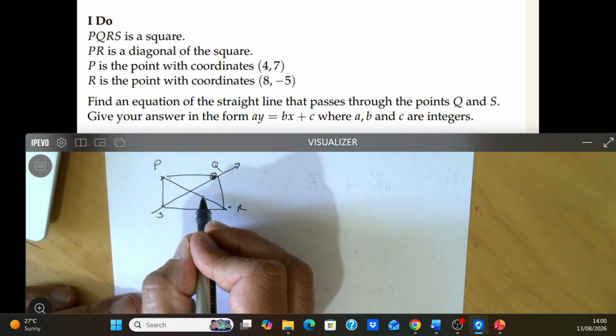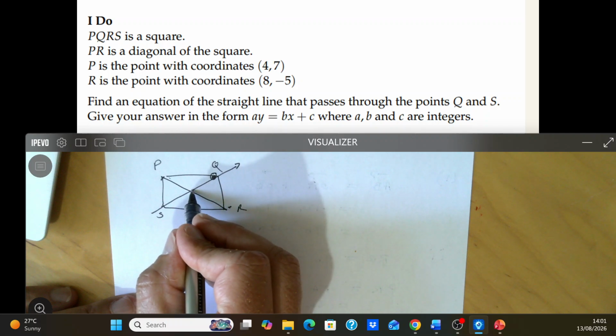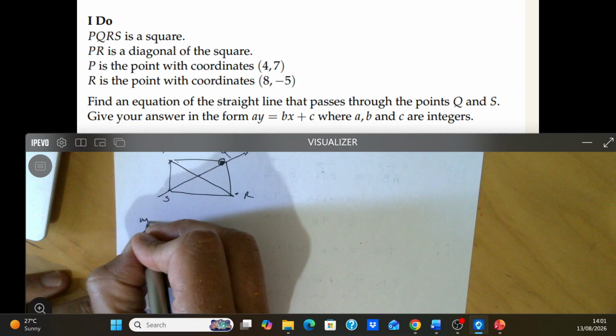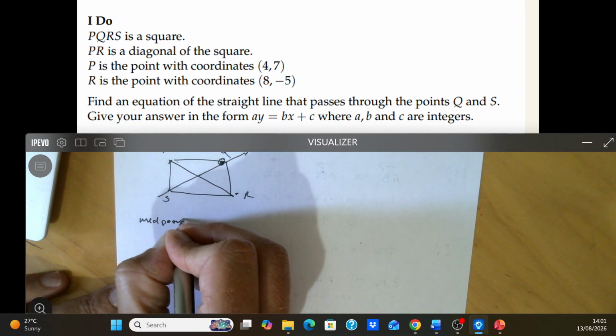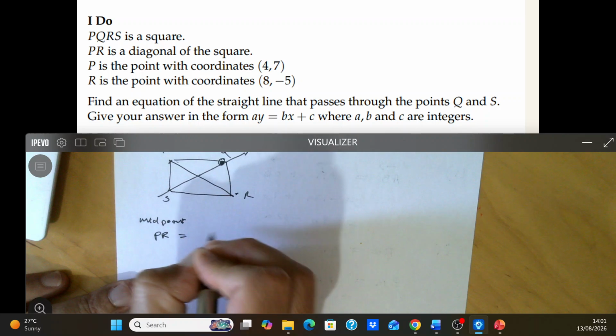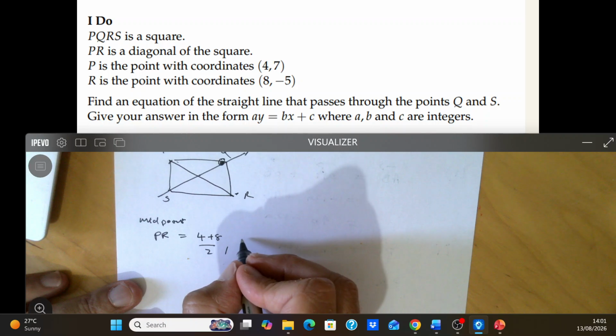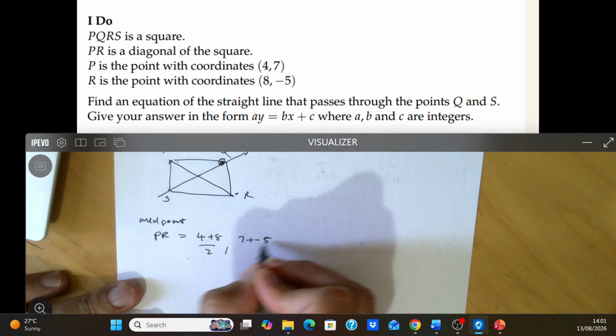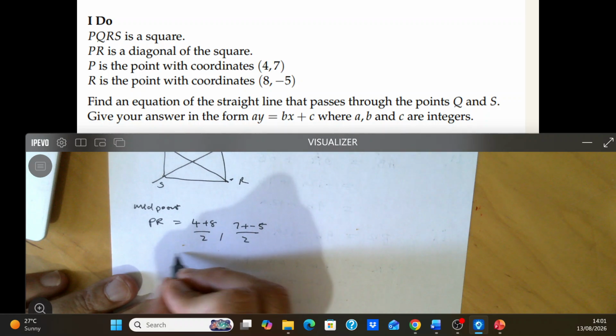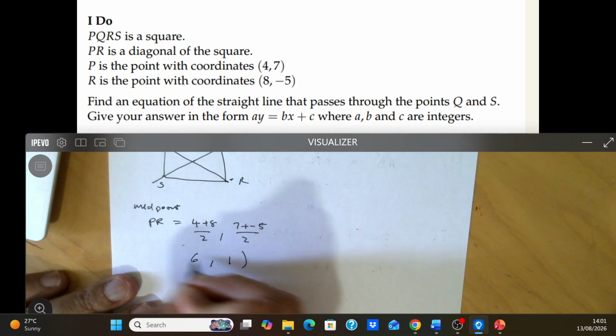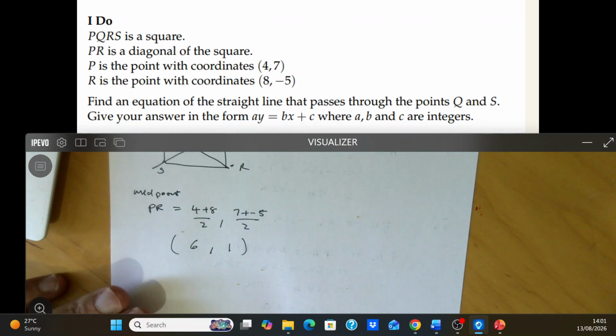So we know that that line is perpendicular and it passes through the midpoint. So let's just find out the midpoint of PR. So that's 4 plus 8 divided by 2, and 7 plus minus 5 divided by 2, which gives me 6, 1. So that's the midpoint, and that lies on the line.